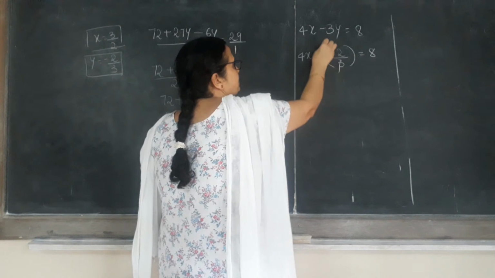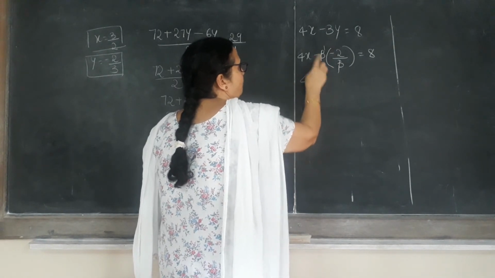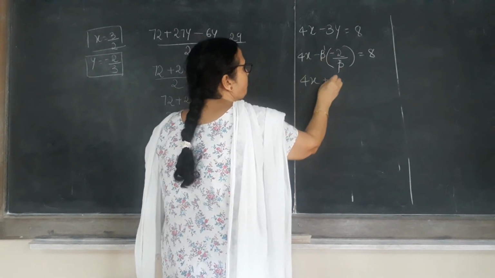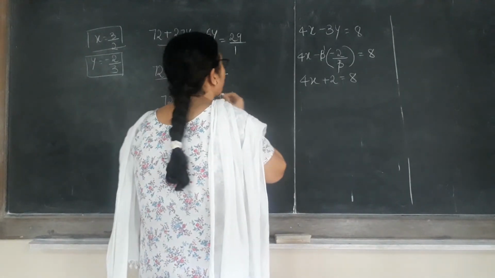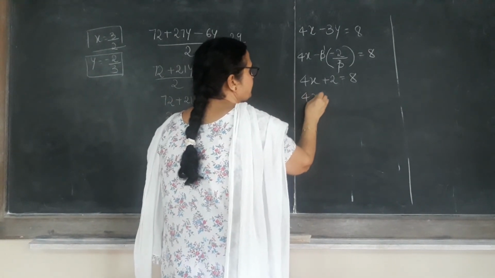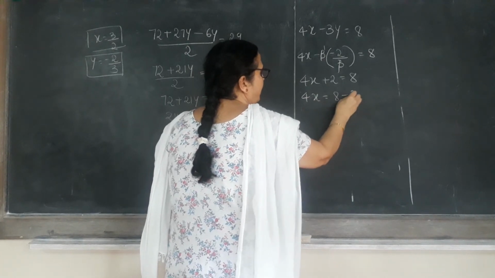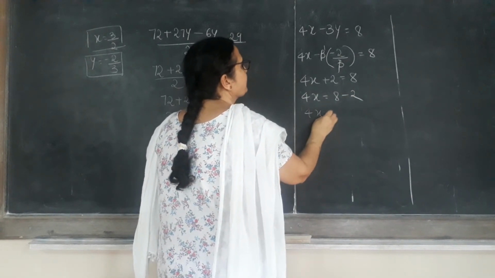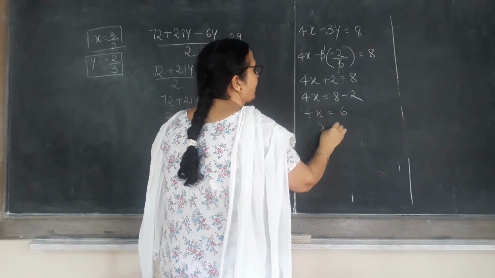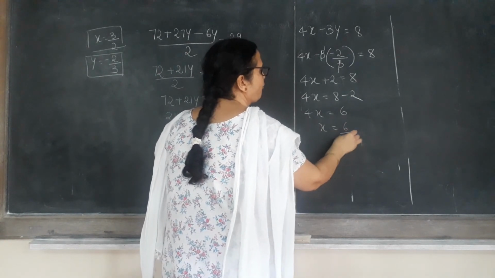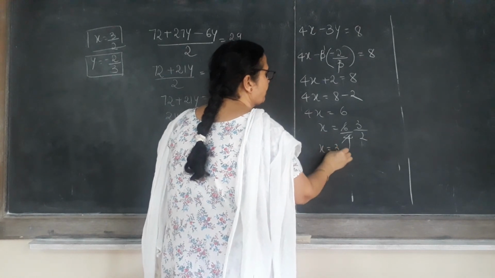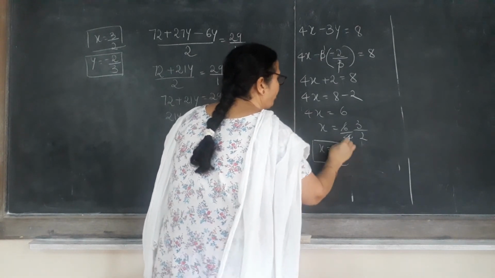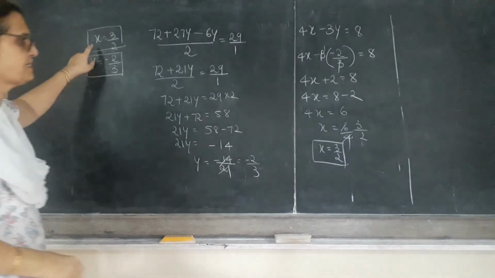Then 3 ones. 4x minus 1 into minus 1 plus 2 is equal to 8. 4x is equal to 8 minus 2. 4x is equal to 6. X is equal to 6 upon 4. 2 2s are 2, 2 3s are 6. X is equal to 3 upon 2. Value same or different? Same.